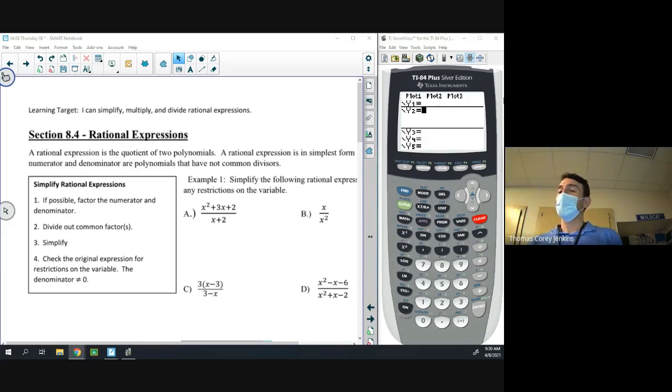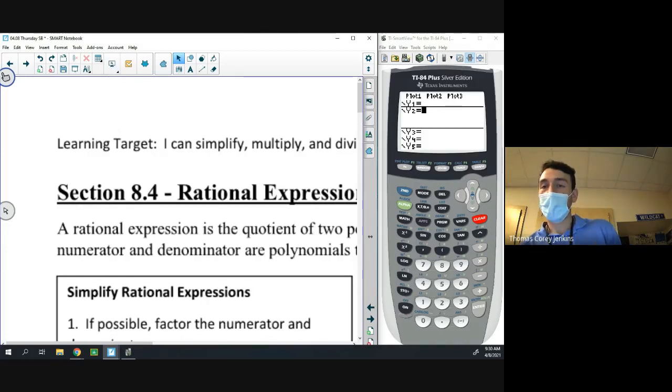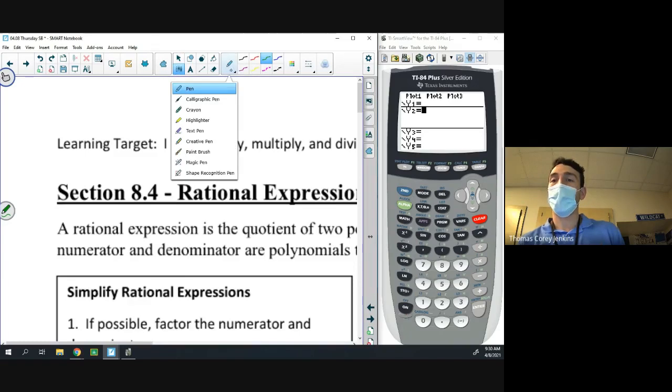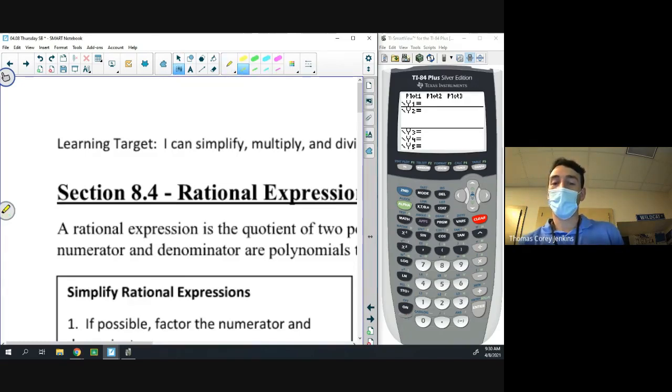Example 1 wants us to simplify the following rational expressions and state any restrictions to the variable. Okay. So the key, really the only key that I would focus on from this, well, a couple things. This is really the biggest key right there, right?